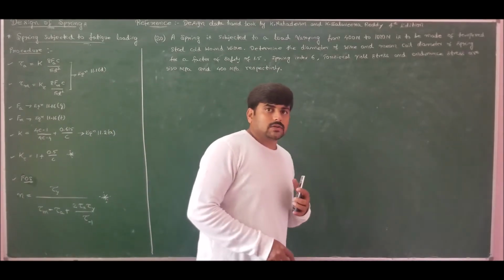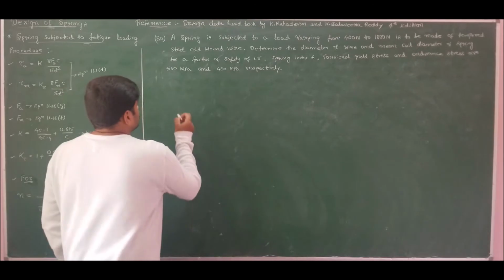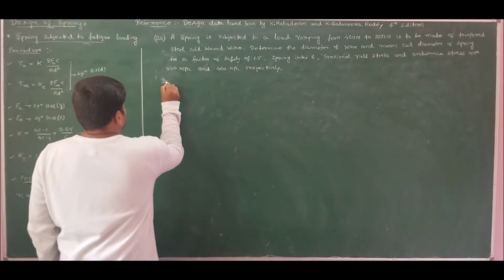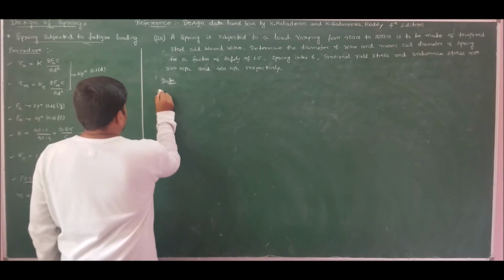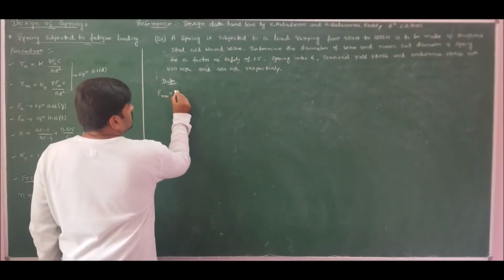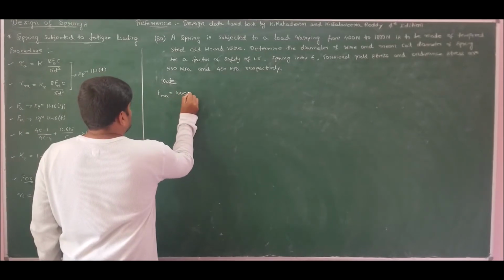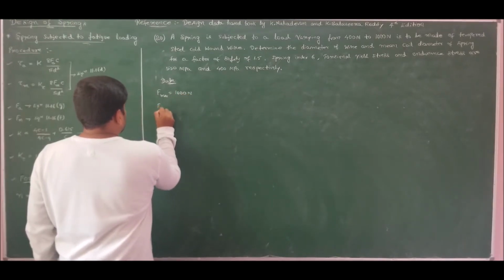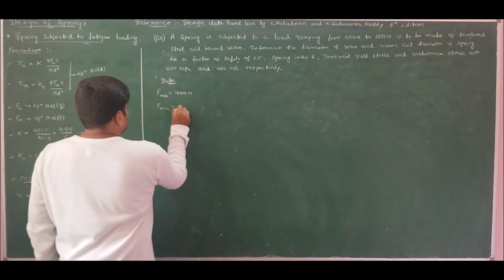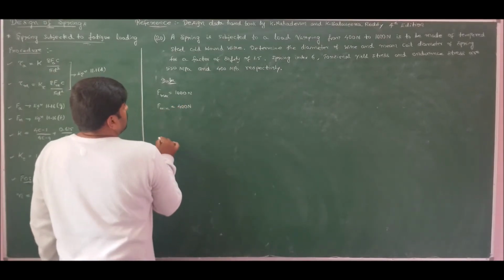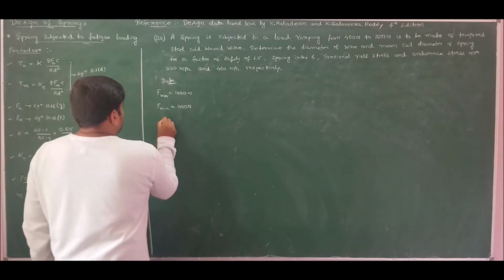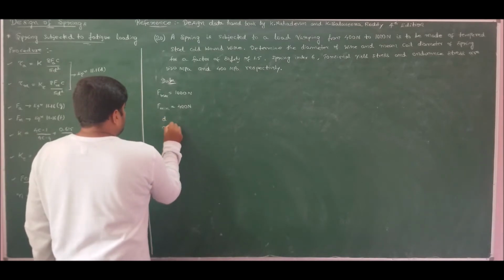Let us list out the data given for this problem. We have maximum load F max is 1000 Newton. We have minimum load, that is 400 Newton. And we have to calculate the wire diameter and mean diameter.